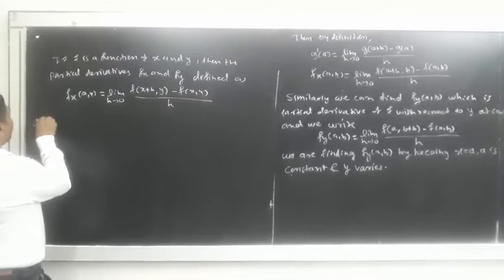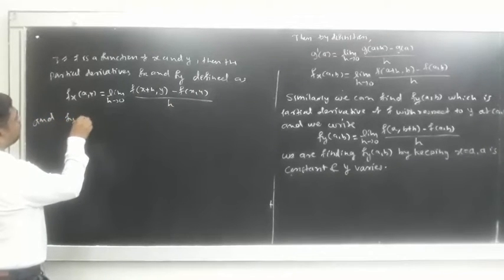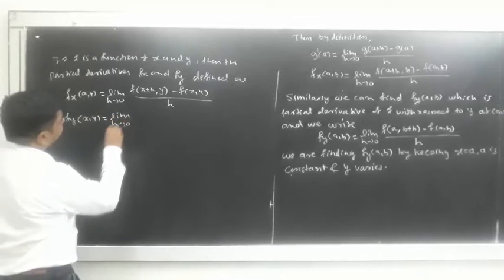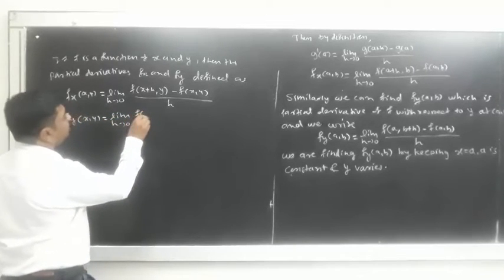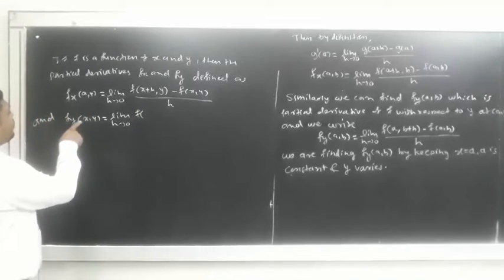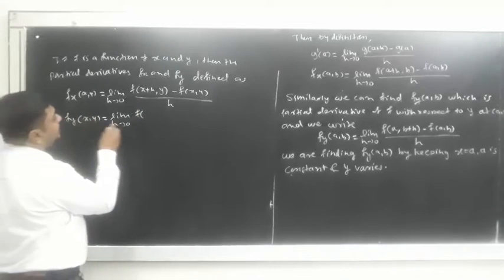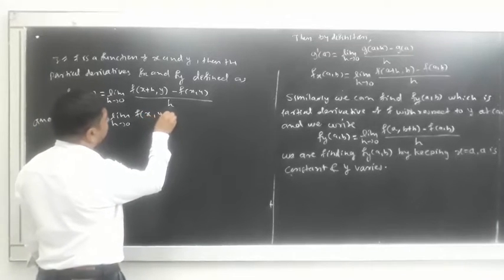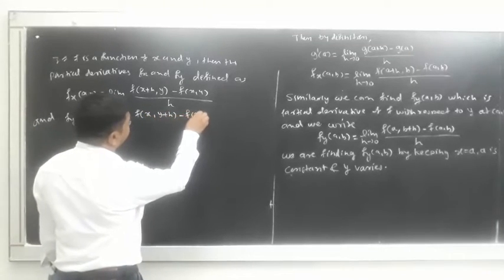And how we write fy? fy of x, y is equal to the limit h tends to 0 of f of x, y plus h, minus f of x, y upon h. Here we vary y and keep x constant.